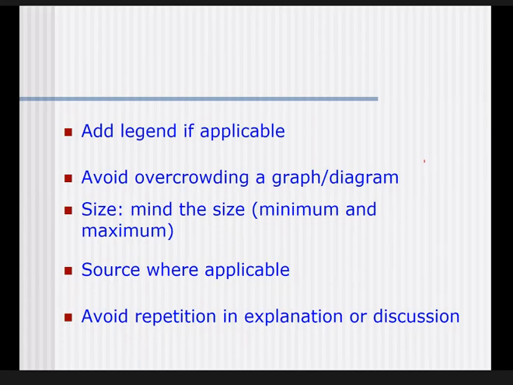You can't have two points to make a pie chart or even a bar graph. You indicate the source where applicable, and also you avoid repetition in explanation or in the discussion. What is already summarized in the figure, you don't have to repeat exactly in text form, like we said for tables.